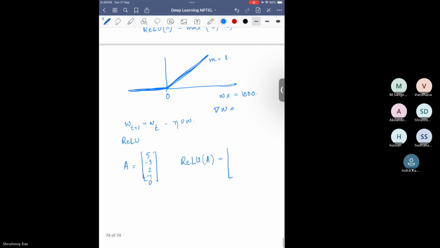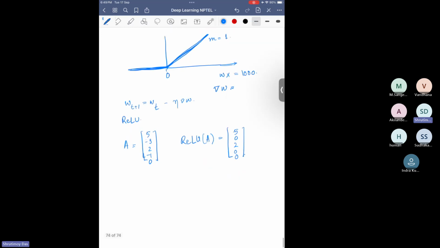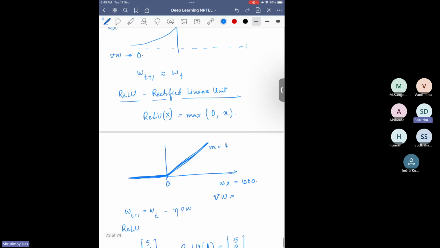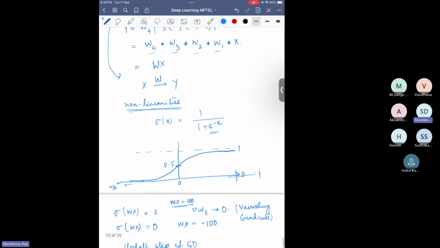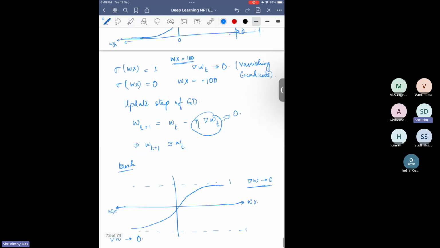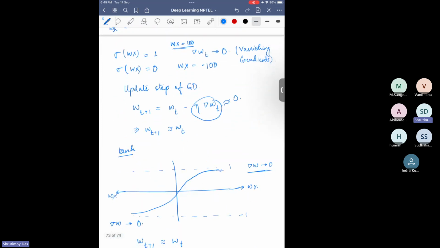So this is 5, 0, 2, 0, 0, right? Yeah, thank you. So implementing this is very easy. Earlier you had this tanh, you had this logistic or sigmoid function, and they required computing this e to the something, which is expensive.